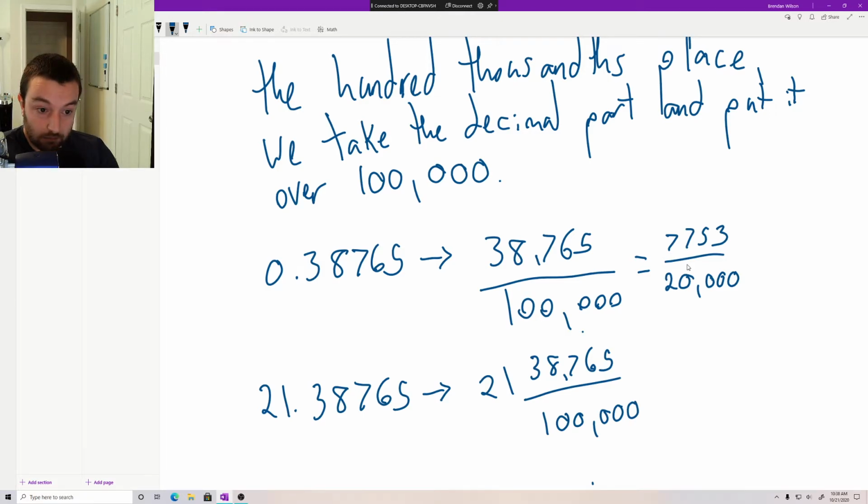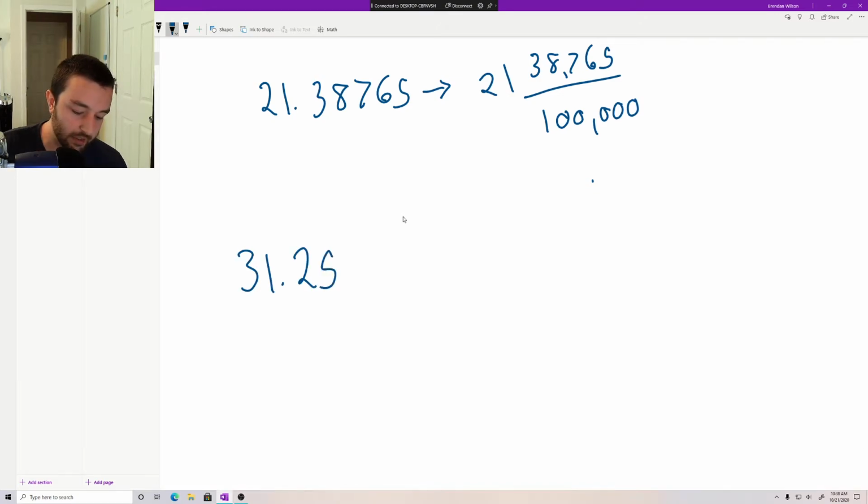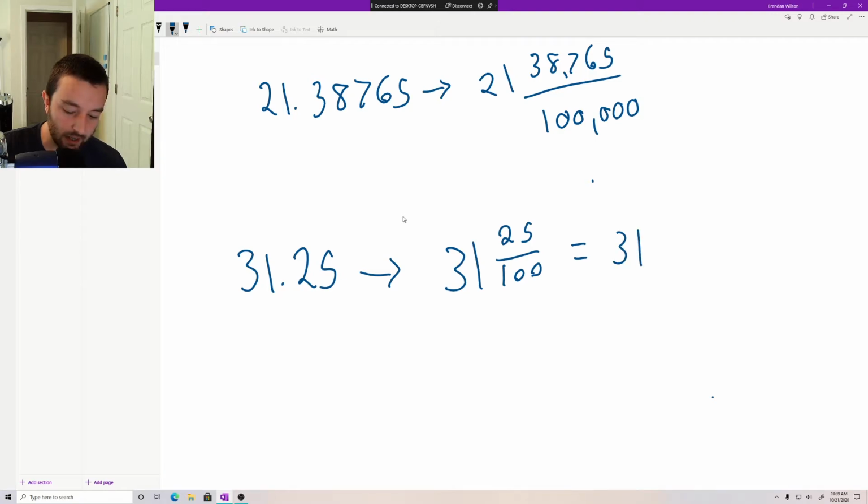So, going from decimal to fraction is just identifying what your place value is. Okay. So 31.25, for example, well, the 5 is in the hundredths place. So we would take the 25 and we'd put it over 100. Okay. And then if we wanted to, we could reduce that down to 1/4.